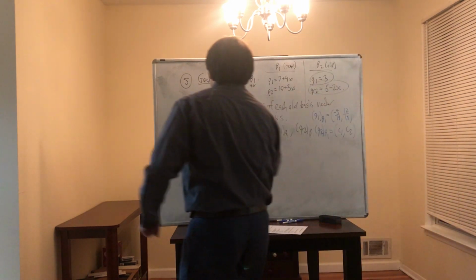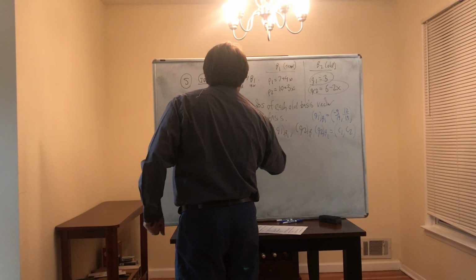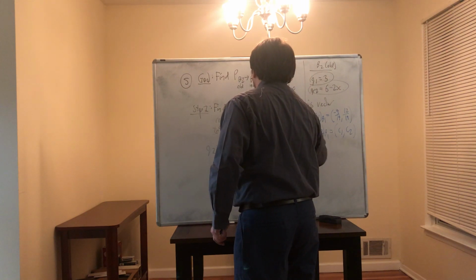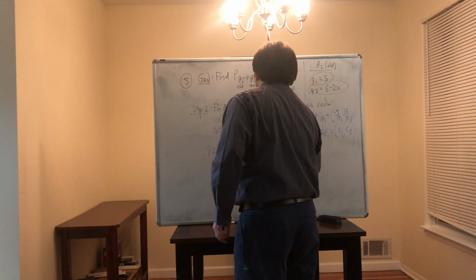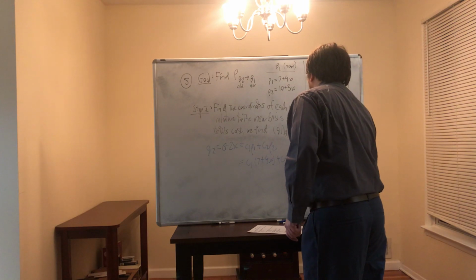And so Q2, which is equal to 6 minus 2x, is equal to C1 times P1 plus C2 times P2. That's equal to C1 times P1, which is 7 plus 4x, plus C2 times P2, which is 10 plus 3x.